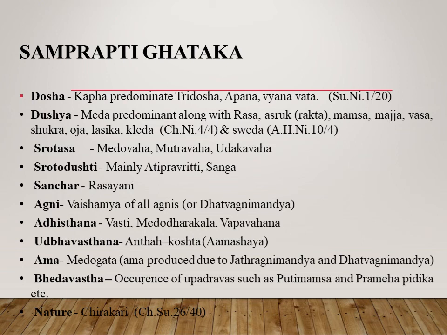Agni is Vaishamya of Agni and Dhatvagni. Udbhav sthan is Amashaya. Am is Medogat, produced due to Jatharagni and Dhatvagni. Vyaktavastha is the occurrence of Upadrav such as Putimamsa and Prameha Pidika, and nature is Chirkari.